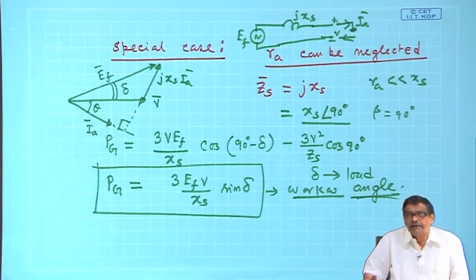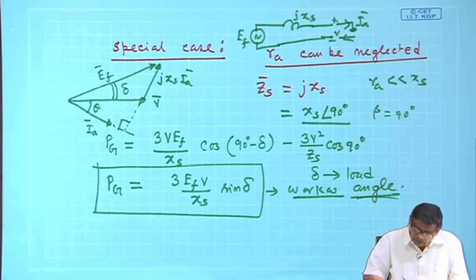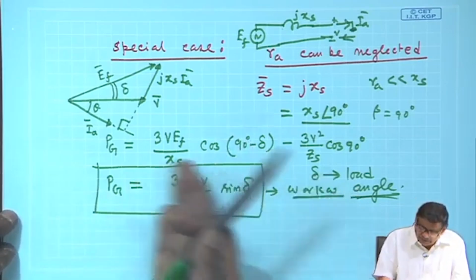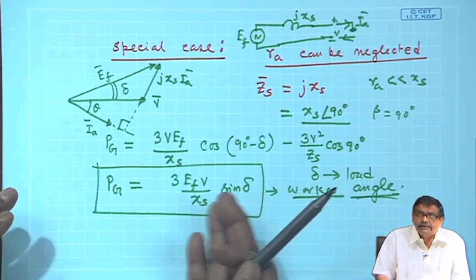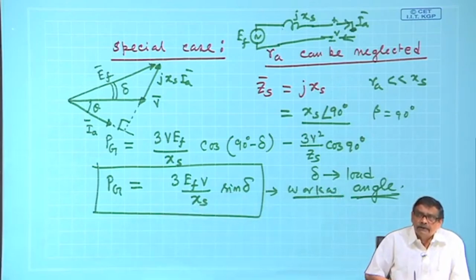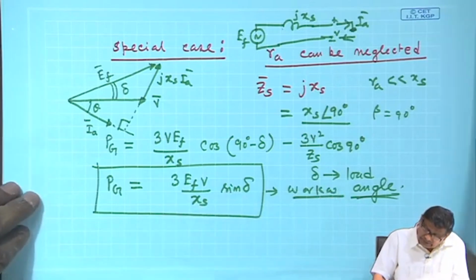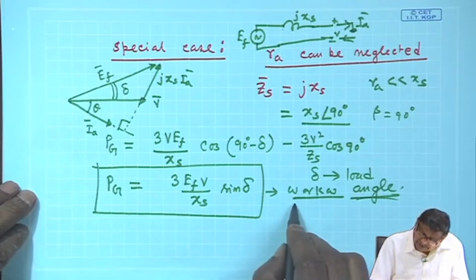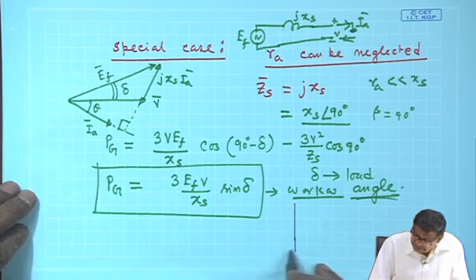After all, it is a system where I am putting in mechanical power. Similarly, I can calculate Q G, but this is the most interesting formula. And this curve, if you sketch it, will be like this, a sine function.